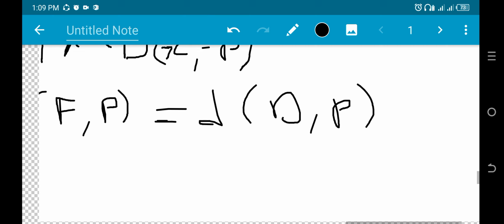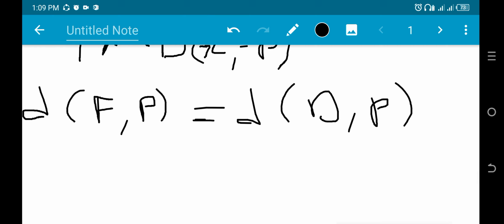Now remember, what was the equation we used to find the distance between two points in our axes? Which formula did we use as the distance formula?